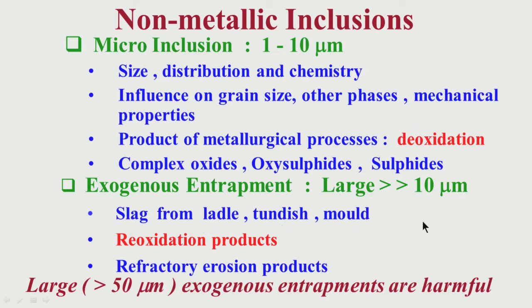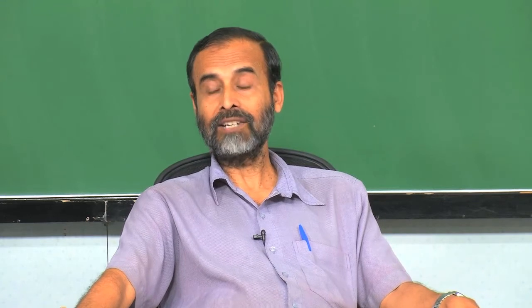All of us know that during steel making we have liquid steel, and we also have slag. What is slag, by the way? It is basically a combination of oxides. Like in the basic oxygen furnace, we have a lot of iron oxide, some calcium oxide, silicon oxide, and manganese oxide. That slag we do not want to get entrapped in steel, because of certain issues we will discuss later on.